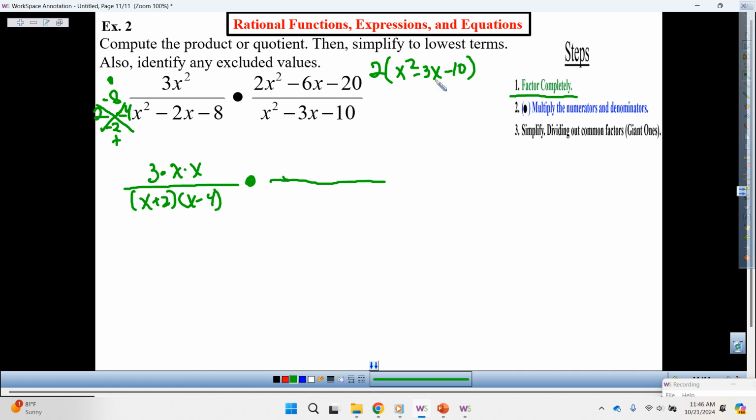How do I factor this? What factors of negative 10 add up to negative 3? So my factors are 2 times x minus 5, x plus 2.